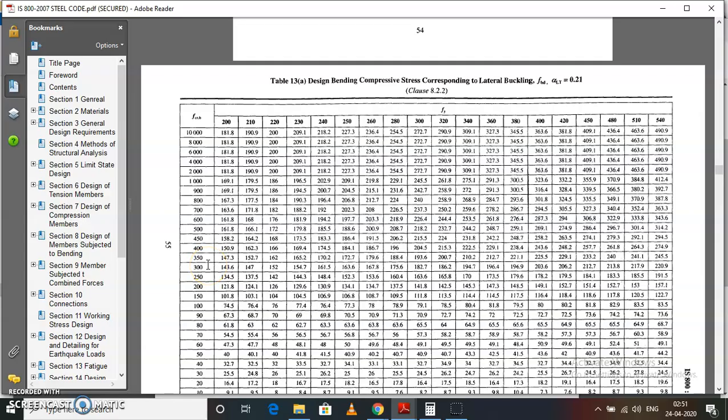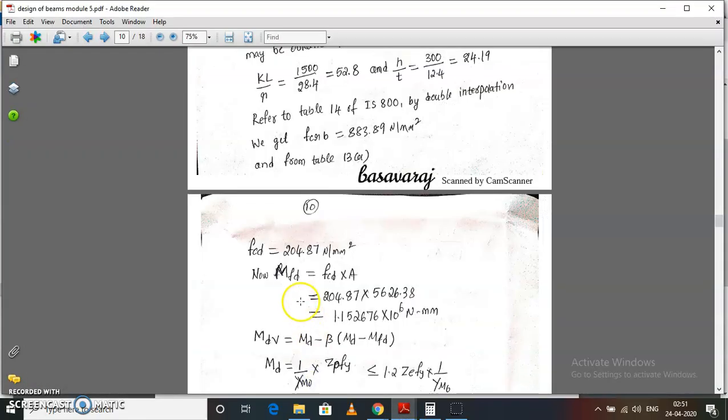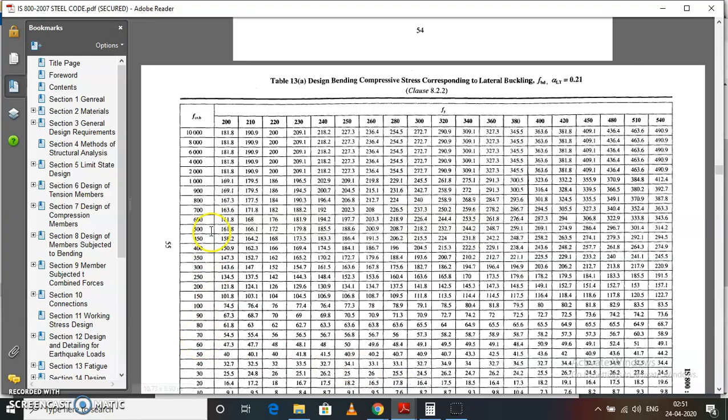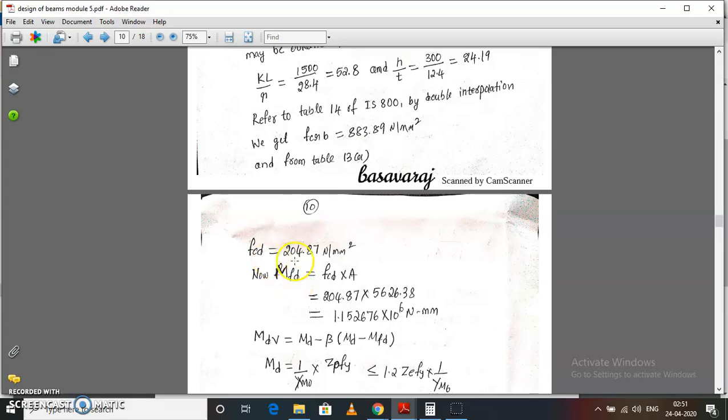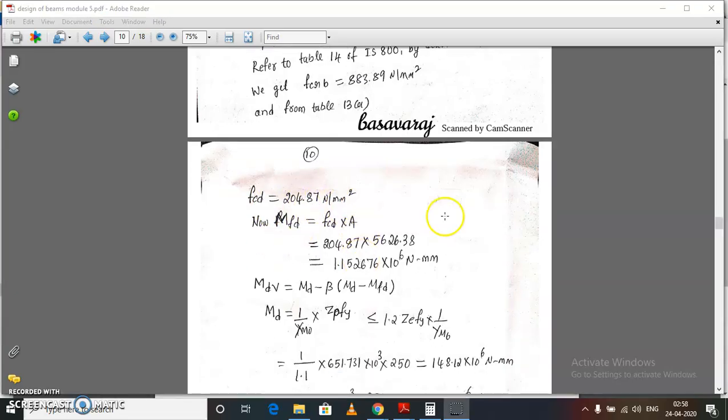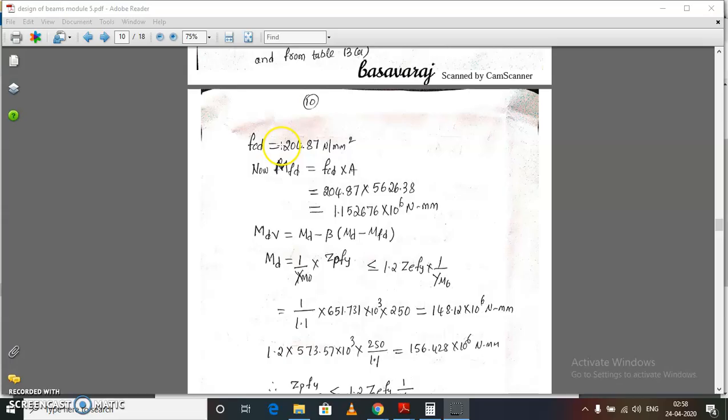Against the fcr and phi value, 883 is between 900 and 800, and for yield stress of 250, again two values will be there. So we have to interpolate to get fcd equal to 204.87 Newton per mm square. So now we calculate MFD equal to fcd into A, that is 204.87 into the cross sectional area of the section. So multiply, and we will get the MFD.